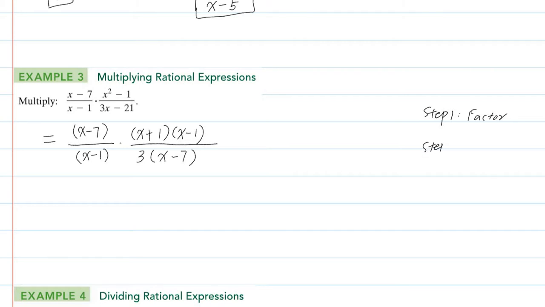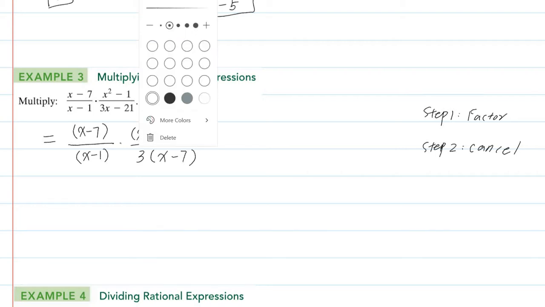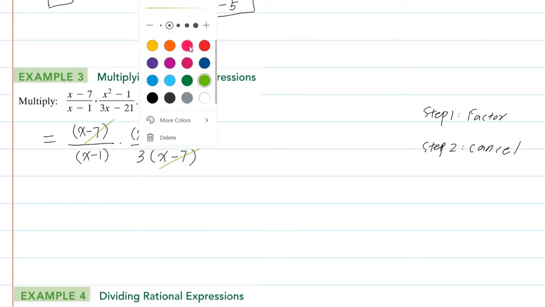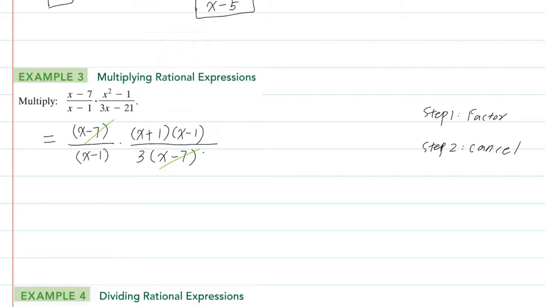And then step 2, we want to cancel. Let me change to a different color. Let me cancel using the green. Let's see what it looks like. We're going to cancel x minus 7. We cancel this term. Then we also have to cancel another term. We're going to cancel x minus 1, x minus 1. So that is gone as well.